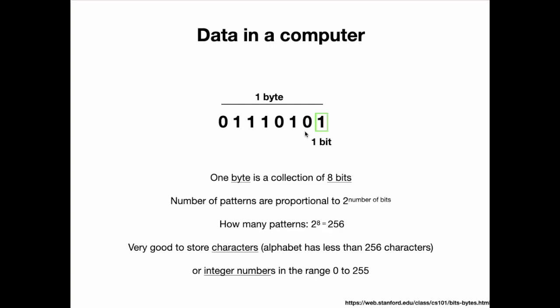So 1 byte can represent 256 patterns. The byte is very good to store characters, for example. So if you think about alphabetic characters, and if your alphabet has less than 256 characters, you can encode all the different characters of your alphabet using 1 byte.